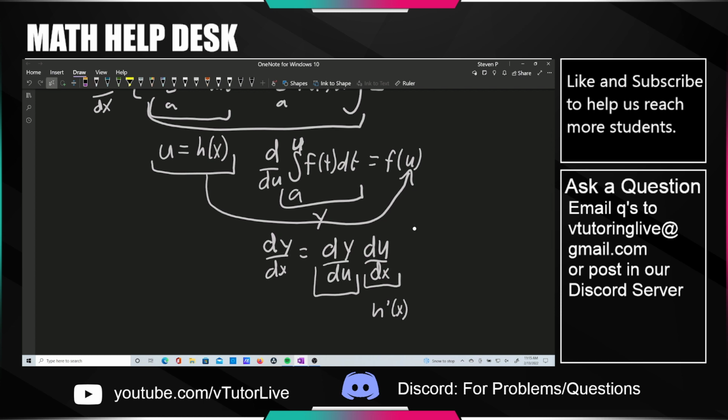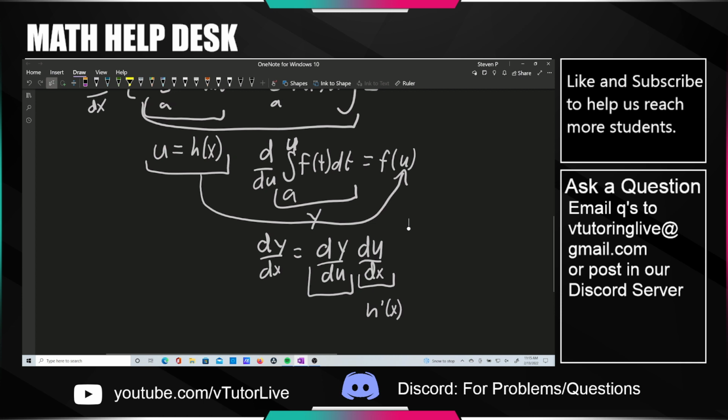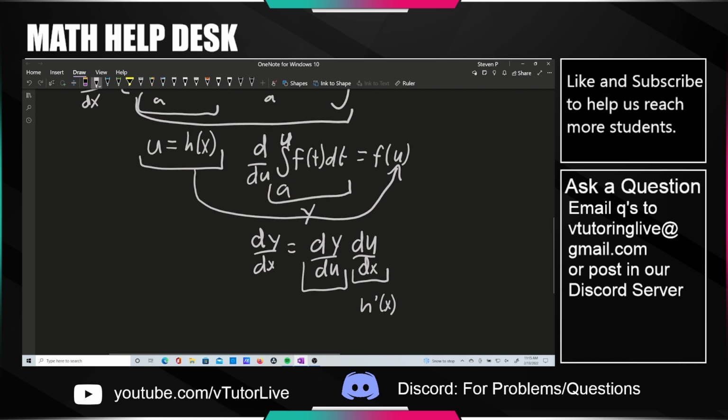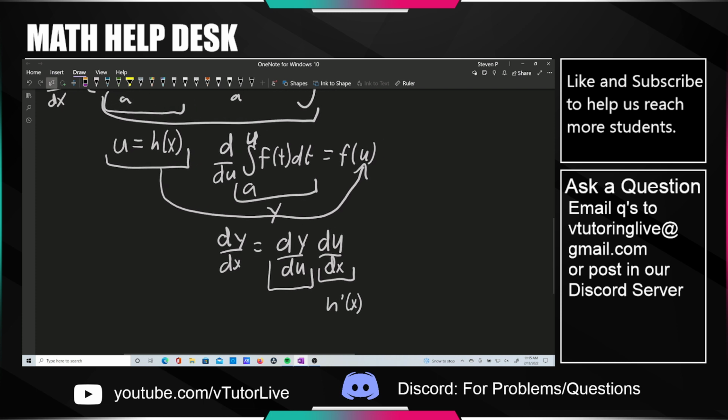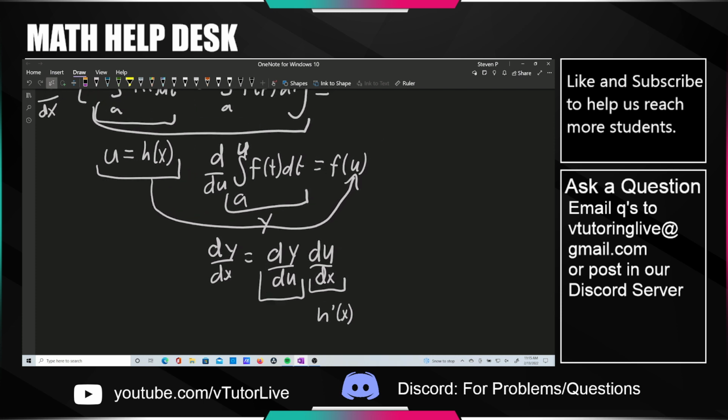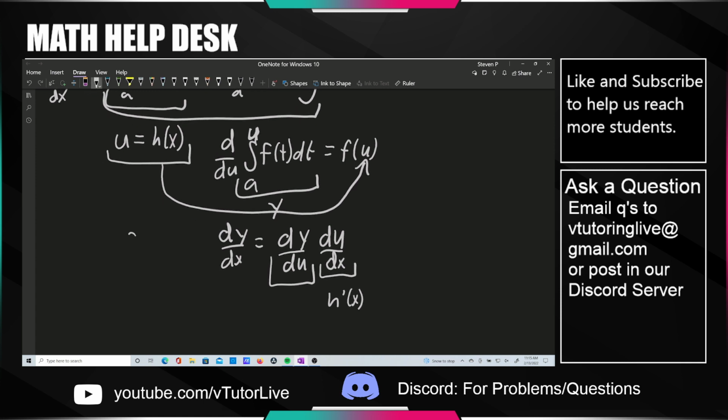And yeah, hopefully that's enough to give you the gist. Basically, the entire deal here comes down to the chain rule. So that dy over dx, d/dx of the entire integral, f of t dt from a to h of x.